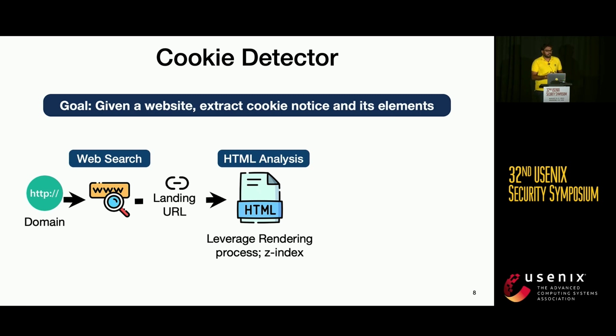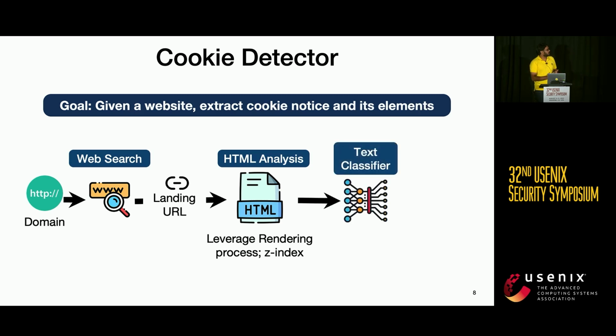Instead, we rely on the rendering process and leverage the fact that cookie notices are present on the top of the page because they are required to ask for consent before processing details. So we specifically use the z-index to identify the candidates, and then we extract the text from these candidates and pass it through a text classifier, which determines whether the given element is a cookie notice or not.